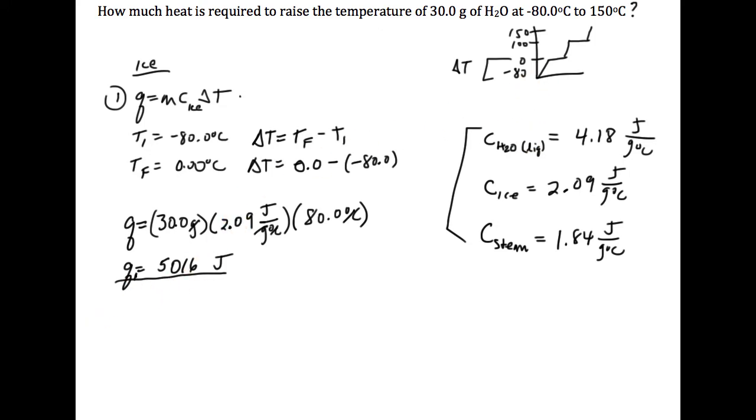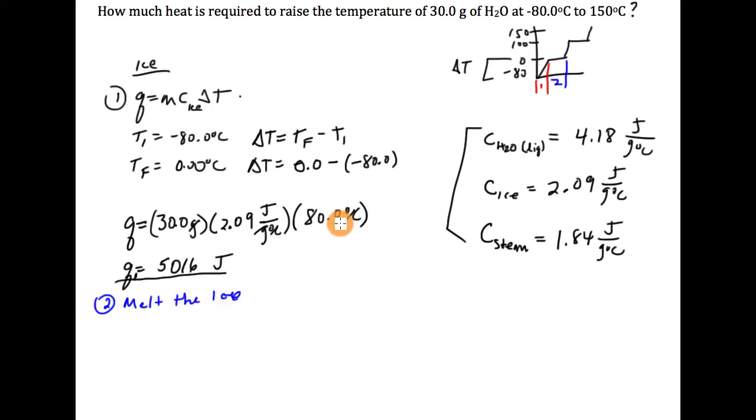So I'm going from negative 80 to 0. That's what I just calculated right there. Okay, what I'm going to do in blue is going to be number 2, my phase change. Okay, so number 2, what I'm going to do now is I'm going to melt the ice.